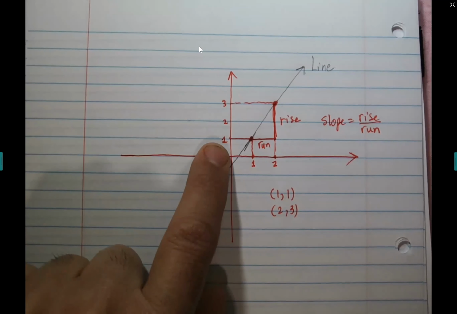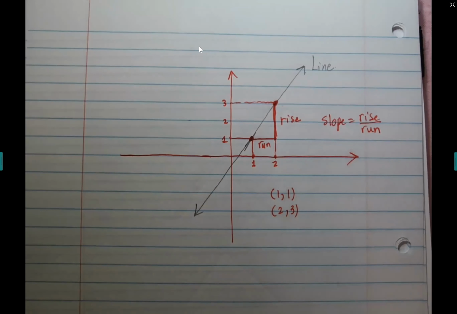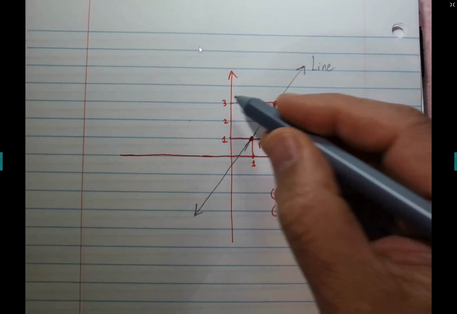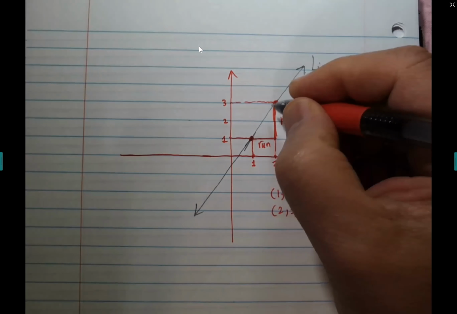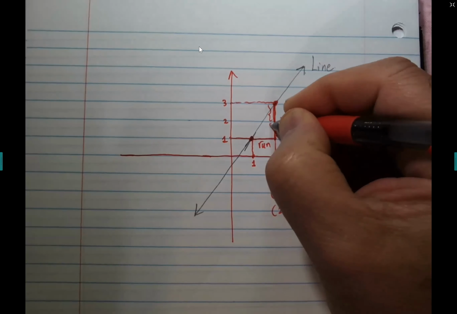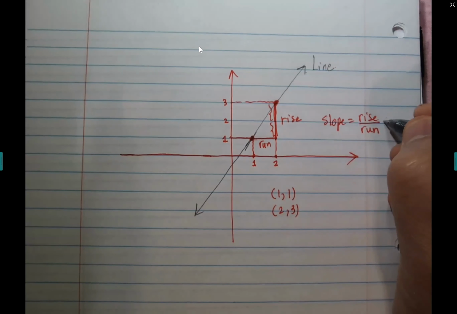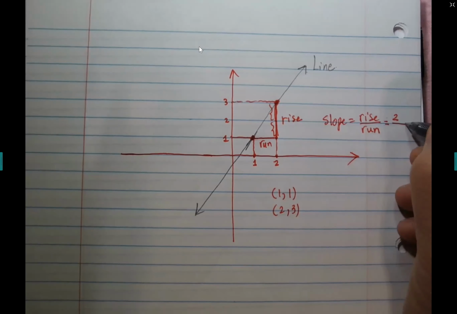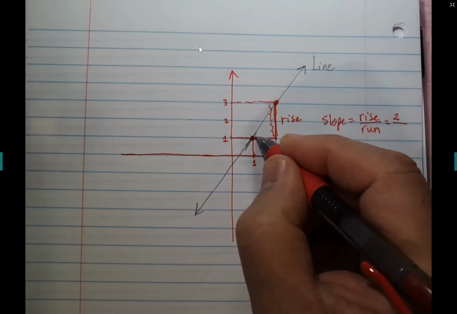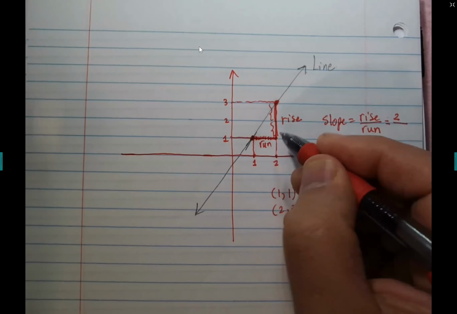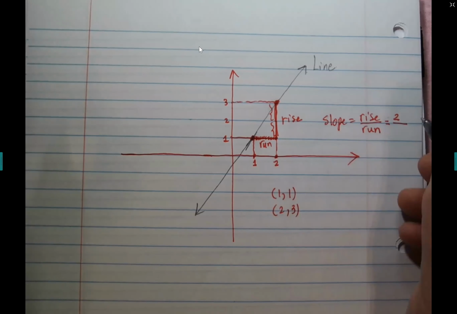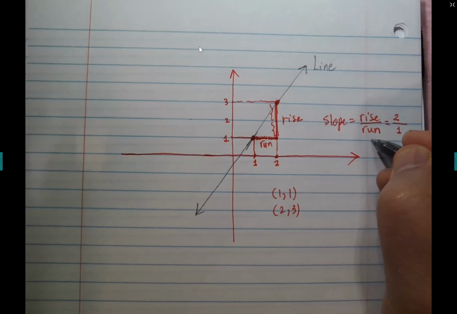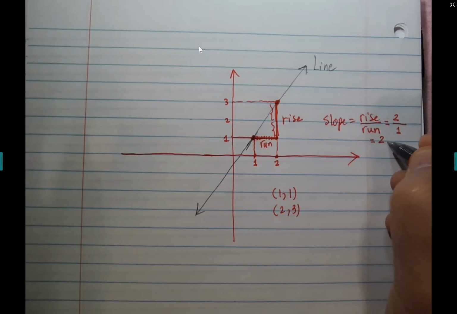What's the difference between 1 and 3? Isn't it 2 units? Look, this is a 1 unit and this is a 1 unit. So this is 2 units. What's the run? The run is this distance. What's the difference between 1 and 2? 1. And the slope here is 2.